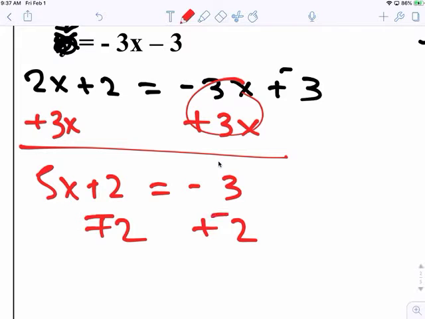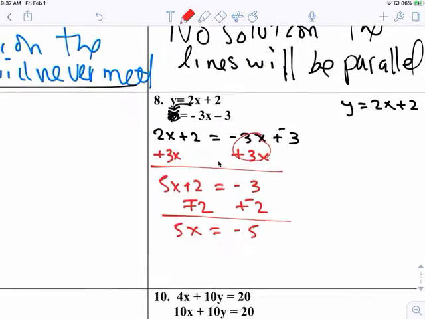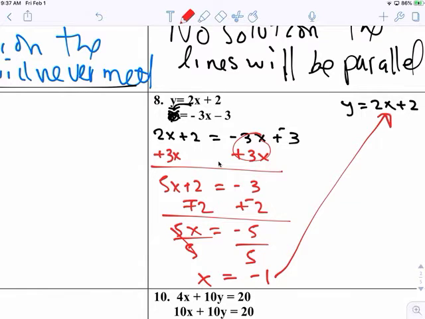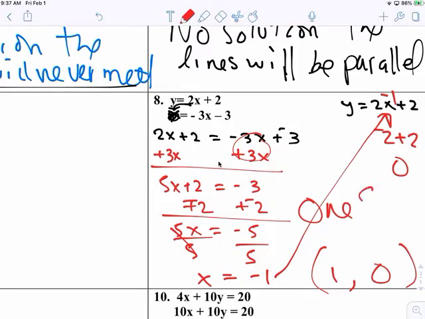Minus 2, you get 5x equals -5. x is -1. Take that, put it in there. Put -1 there, you get -2 plus 2. The graph will meet at -1, 0. One solution. So instead of saying the graph will meet, you'd say one solution at.